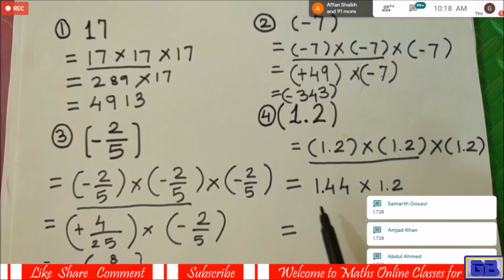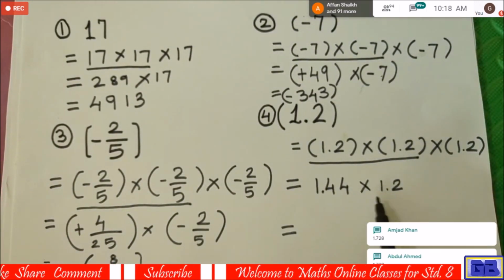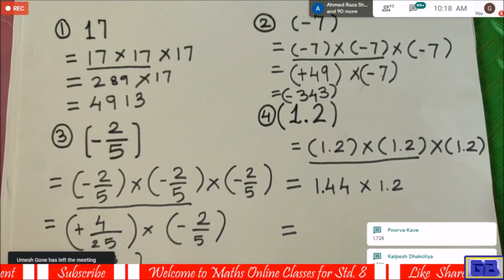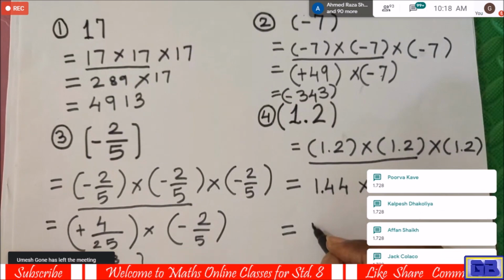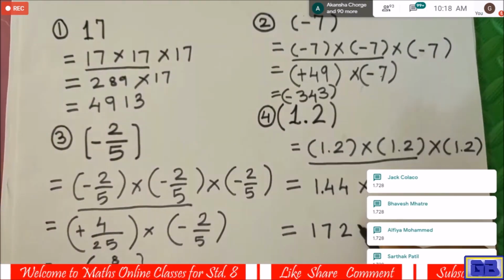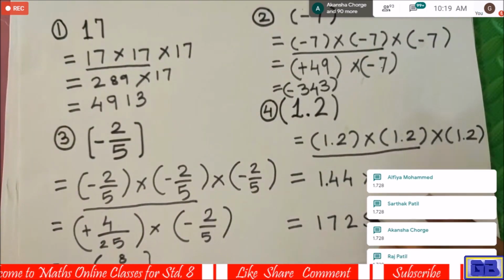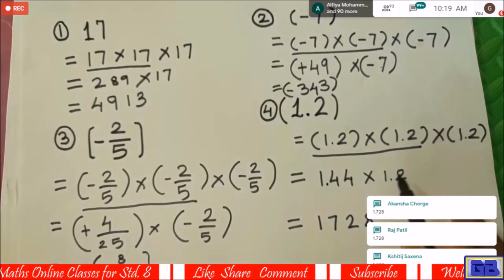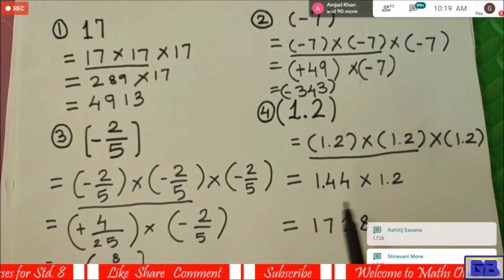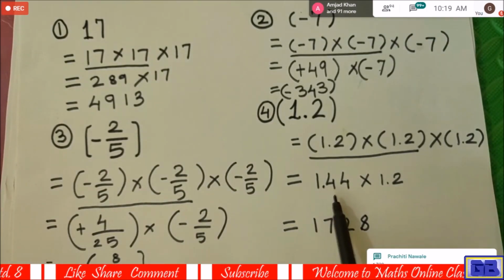Multiplication of 144 multiplied by 12, answer comes 1728. Many are typing correct answers. Again here we have to follow the rule.